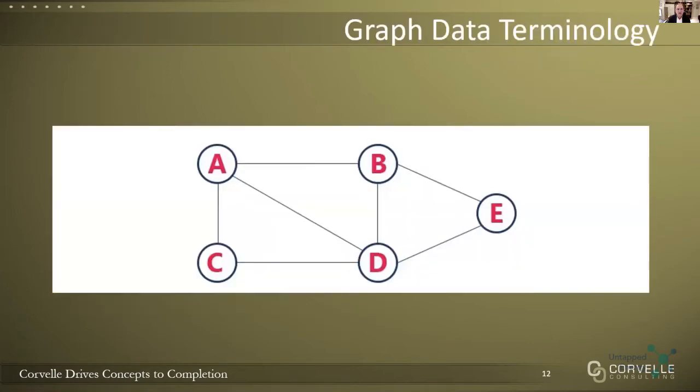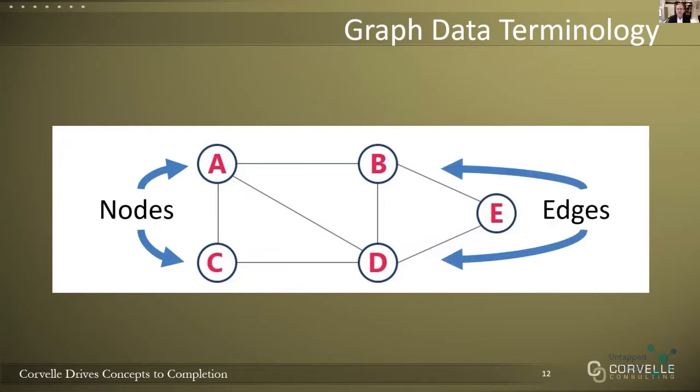Okay, let's just spend a moment on terminology here. A graph data model like this simple representation consists of nodes that contain the attribute data and edges that represent the explicitly stored relationships. And obviously edges connect the nodes.